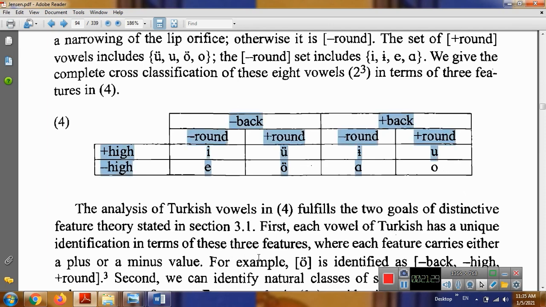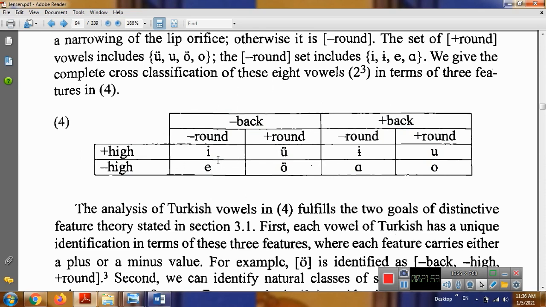I hope that you learn the way which I analyze that data. You should know these features. Knowing these features is very important because you should be able to explain as a phonologist, as a linguist.